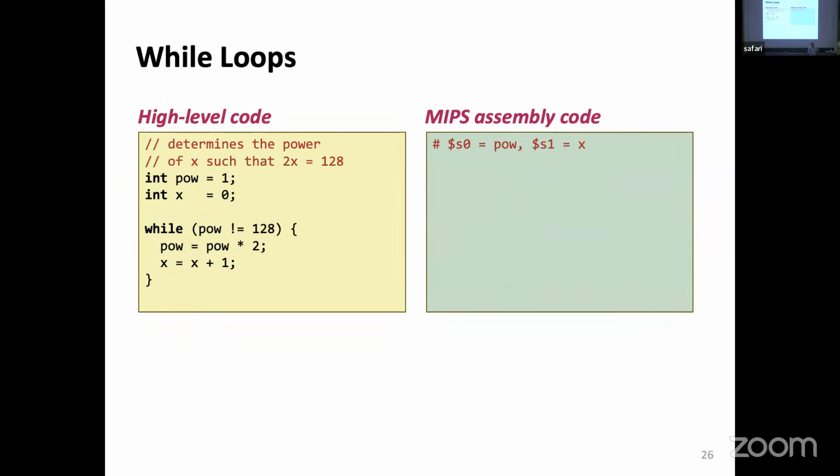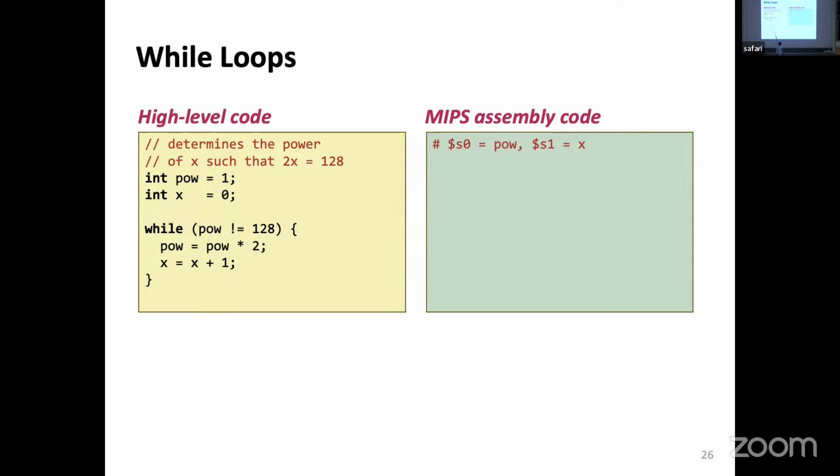Now, while loops are also going to be very similar. So this is what we are trying to do. We are trying to determine the power of x such that it's 128, whatever. So we have some initial values, and we say, well, the power is not 128.